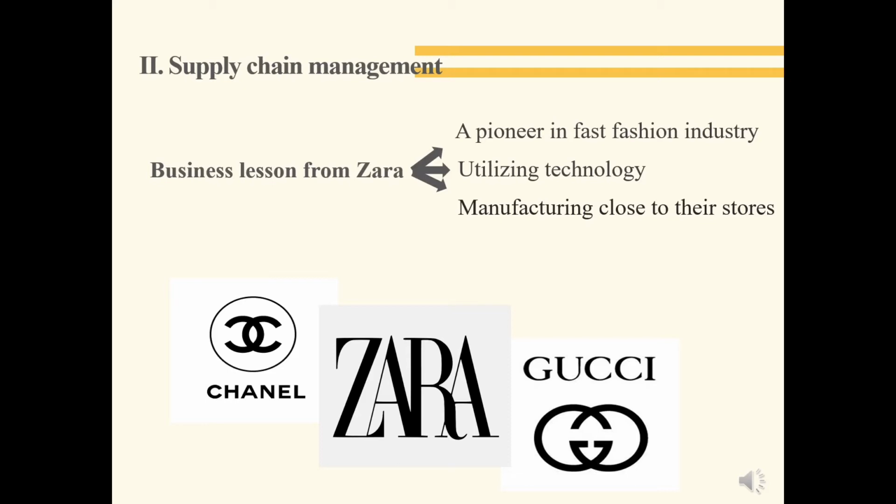Their manufacturing activities are always close to the stores in order to quickly respond to the market and customer needs, although labor cost in Asia is much cheaper. So they redefined the fashion industry, and as a result, they succeeded.